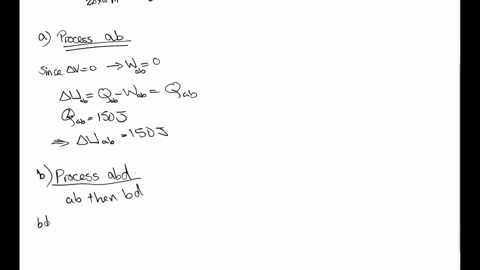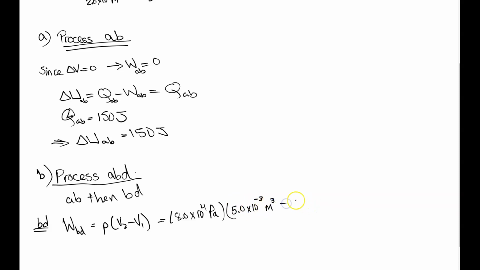So the work is that constant pressure times the change in volume, and the pressure is given as 8.0 times 10 to the 4th Pascal, times the change in the two volumes, which is 5.0 times 10 to the minus 3 meters cubed minus 2.0 times 10 to the minus 3 meters cubed.